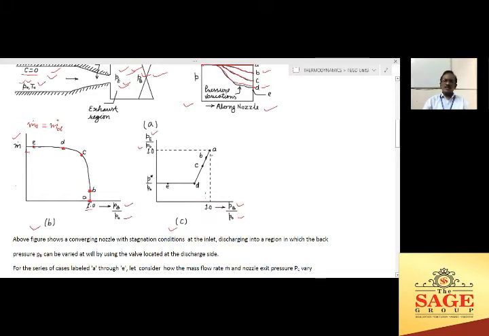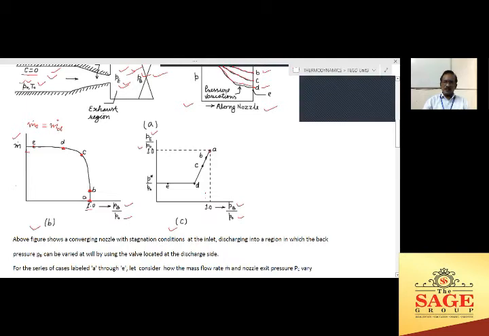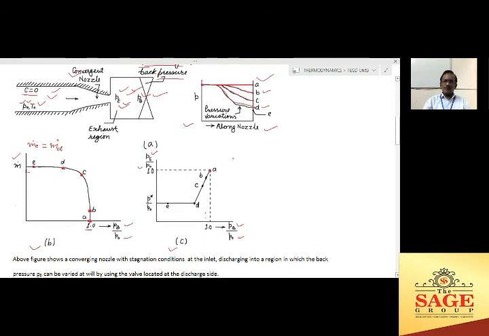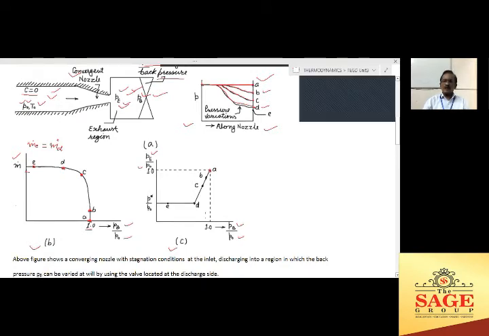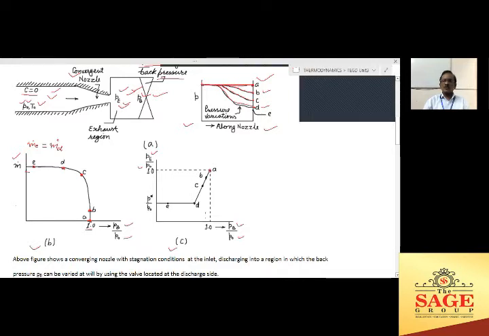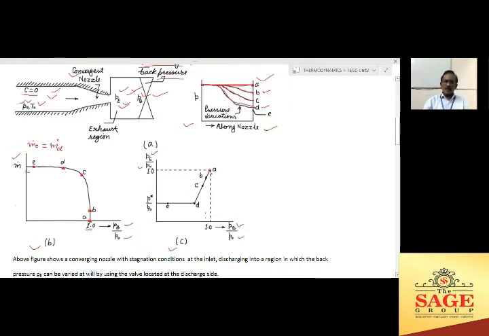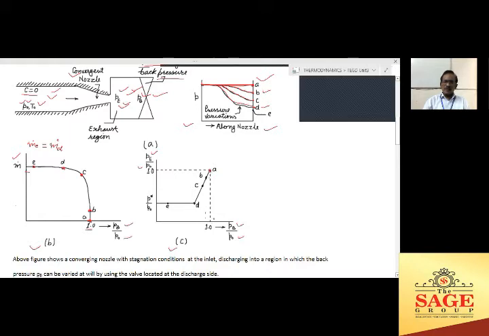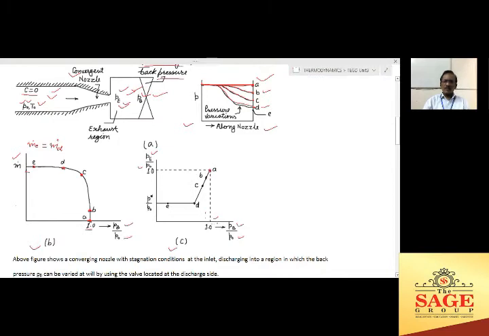Now again, see this point A. At point A there is no flow at all. The fluid is not flowing, so the pressure ratio is 1. When PB by P naught is equal to 1, PB and P naught are the same, so the fluid will not flow at all.